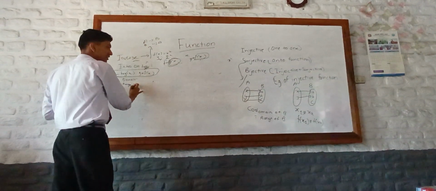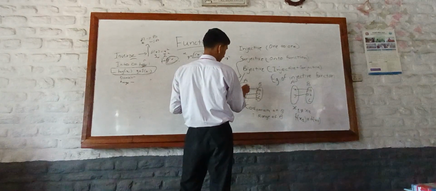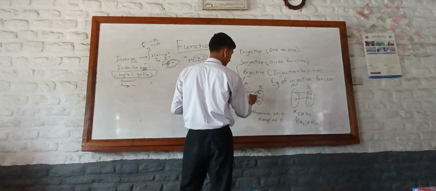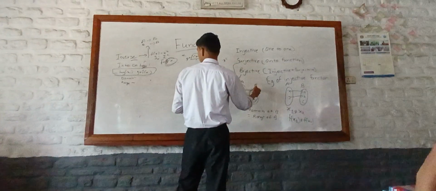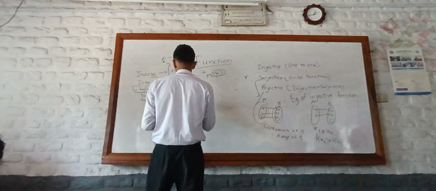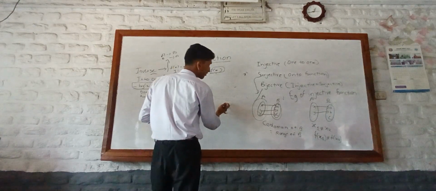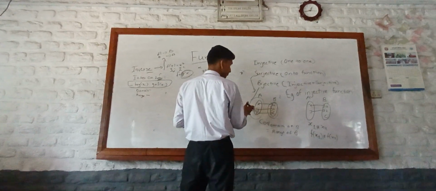Domain and range. The domain consists of the elements of A which are connected to B, and the range consists of the elements of B. To find the domain and range, we first have to find the values of x for which the function is defined.